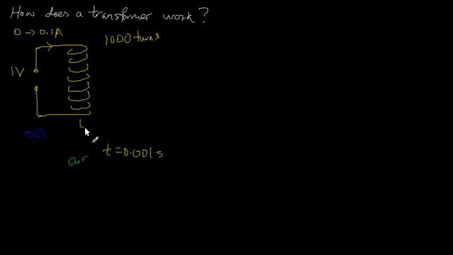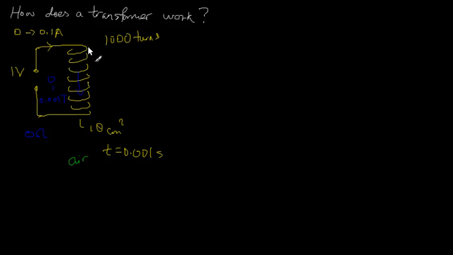There is also this cross-section of area, say 10 cm squared. And the magnetic flux density, as current goes from 0 to 0.1 ampere, goes from 0 to 0.001 Tesla.